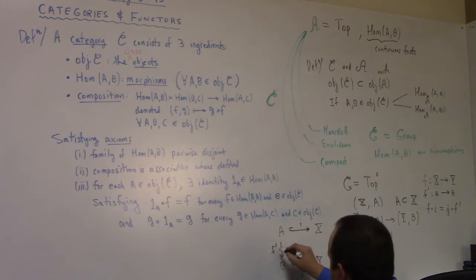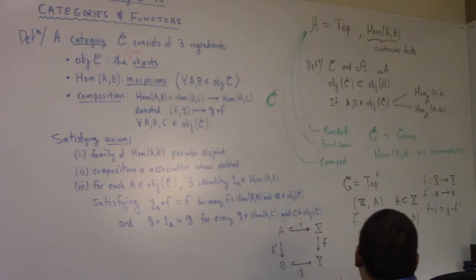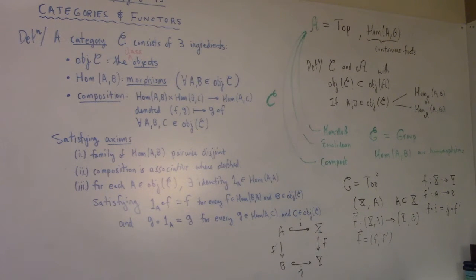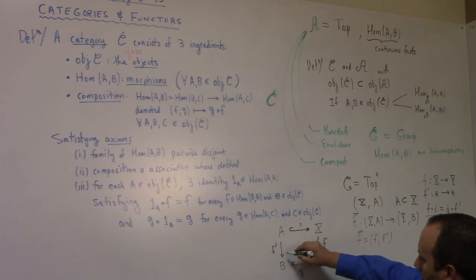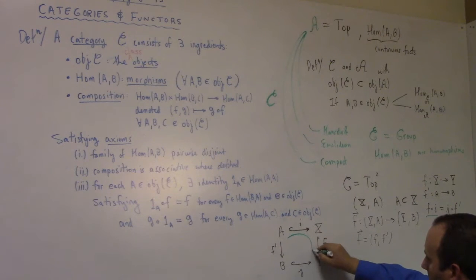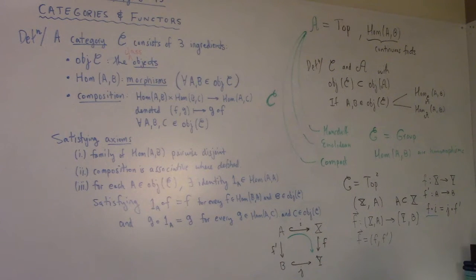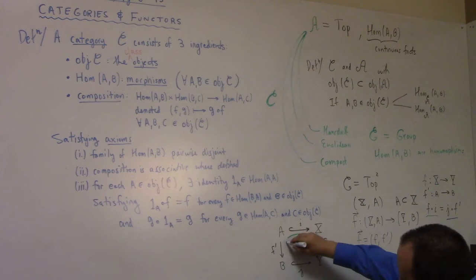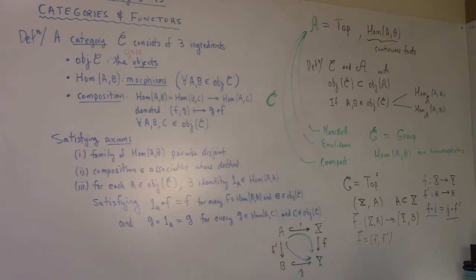This is F prime, I assume, and this is F. So F composed with i is this, and j composed with F prime is that. Those compositions are equal, and like you're saying, that's tantamount to the diagram commuting.